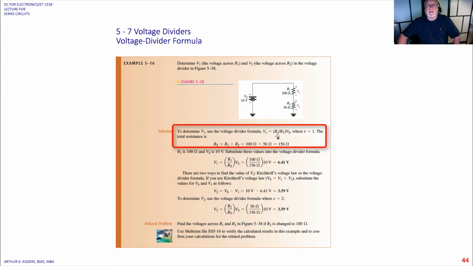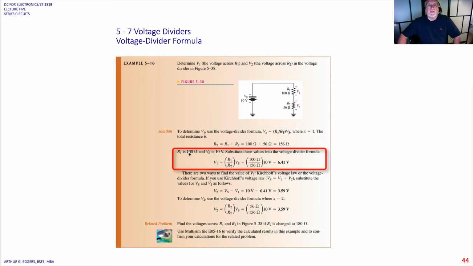So we're going to go back to that formula: Vx is equal to Rx divided by the total resistance times the total source, where x is equal to 1. The total resistance is equal to R1 plus R2, 100 ohms plus 56 ohms, or 156 ohms. R1 is 100 ohms, that's given.